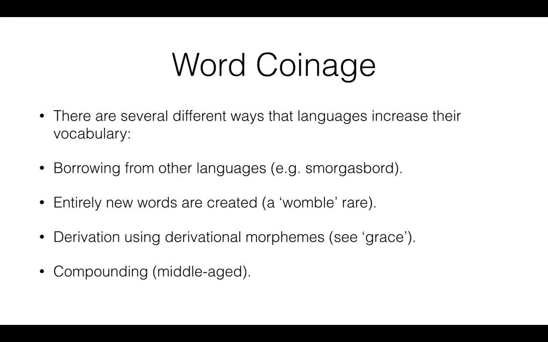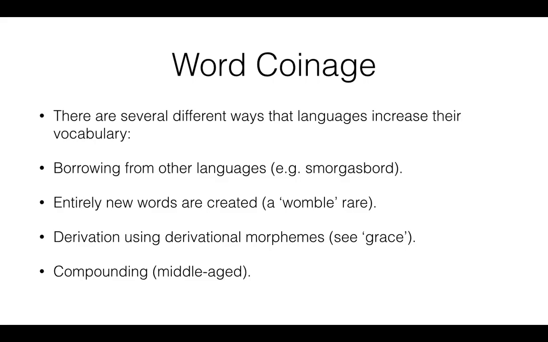Now let's go on to finish. Word coinage. So how do we coin new words? There are different ways to coin new words, and we're going to come to the details in the next lecture. There is what we call borrowing. Then we have derivation.